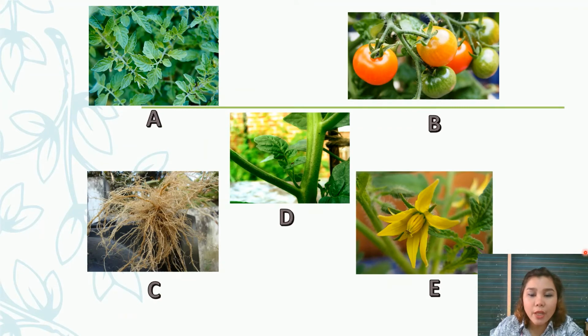Okay, so I have here 5 pictures with labels A, B, C, D, E. We are to label the picture by telling the plant parts. These pictures A to E are plant parts of a tomato plant. So we're going to name each part. Okay, so let's begin.